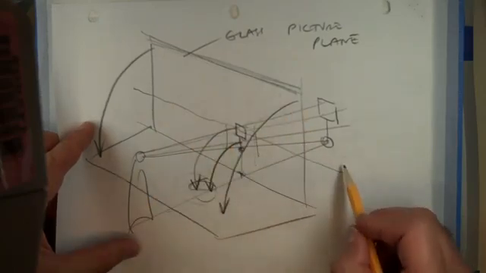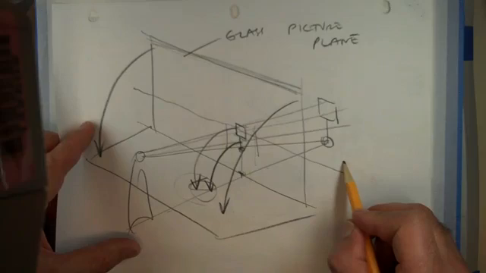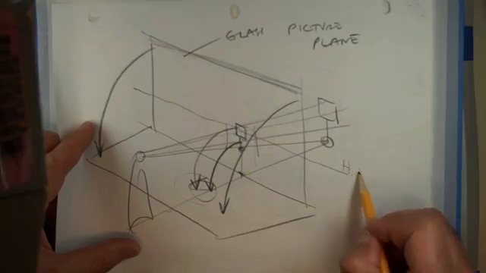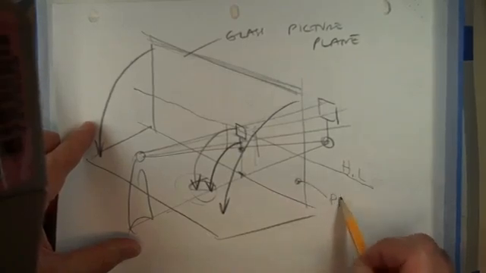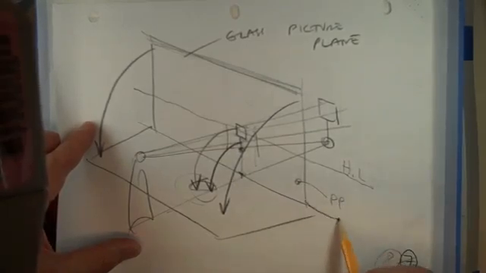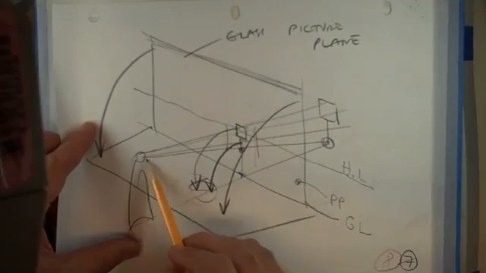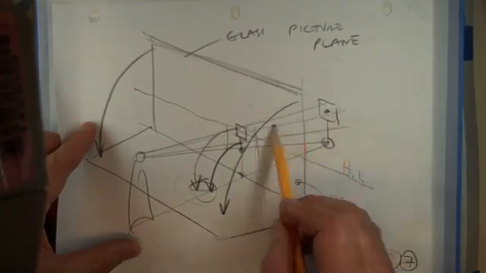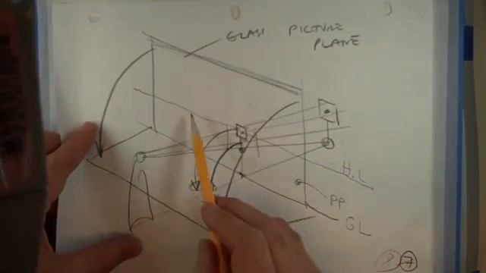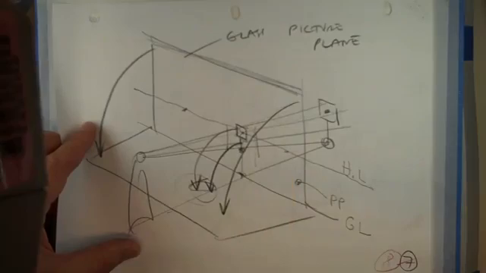This is very schematic, but this would be your horizon line. This right here is your picture plane. This is your ground line. In this case, it doesn't really show many vanishing points. There is probably just one, somewhere here. In our drawing, we have two.